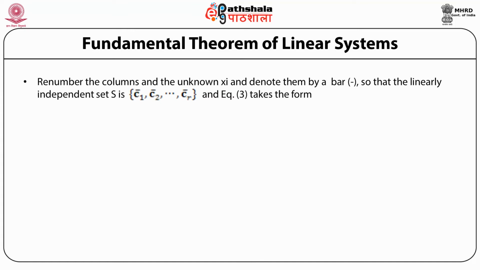Renumber the columns and the unknown xi and denote them by a bar, so that the linearly independent set S is given by C1 bar, C2 bar and so on till CR bar, and equation 3 takes up the form C1 bar x1 bar plus C2 bar x2 bar plus so on till CR bar xr bar plus CR plus 1 bar xr plus 1 bar till Cn bar xn bar is equal to B.